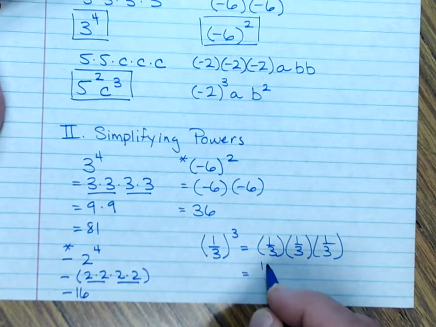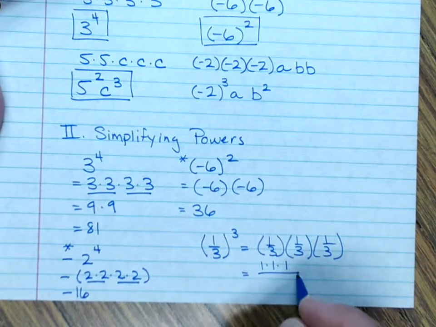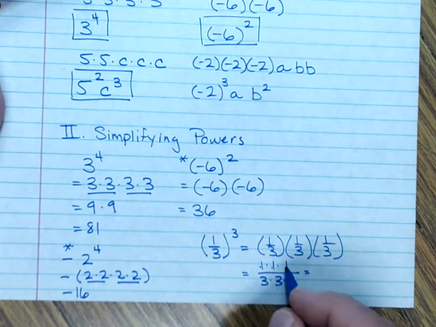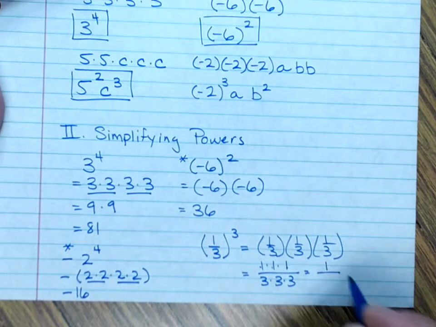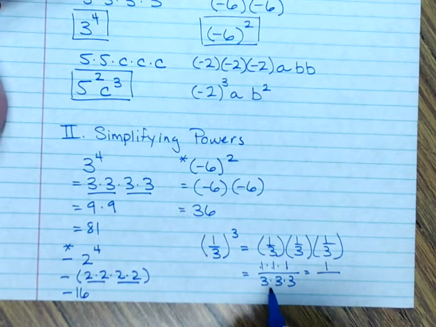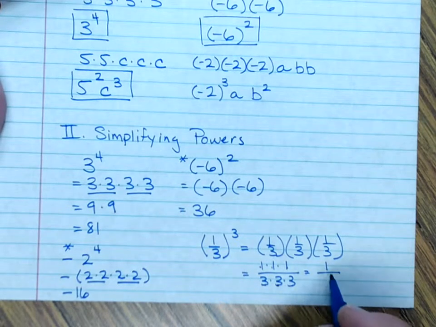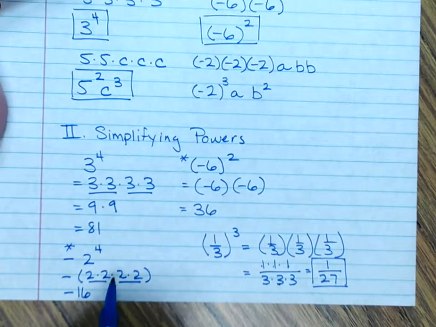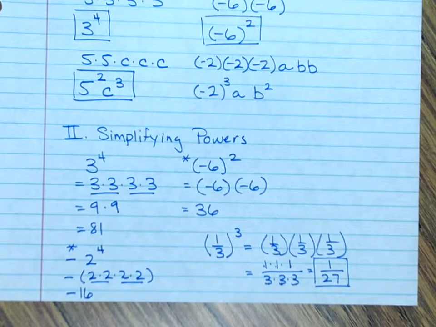In short, that's 1 times 1 times 1 over 3 times 3 times 3. 1 times 1 times 1 is 1. Be careful on this bottom, on the denominators. 3 times 3 is 9, and then 3 times 9 is 27. Alright, and we got one more to go.